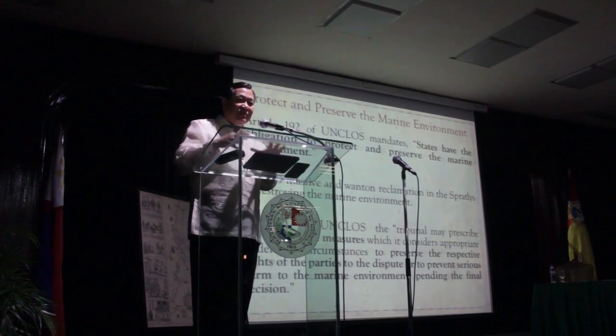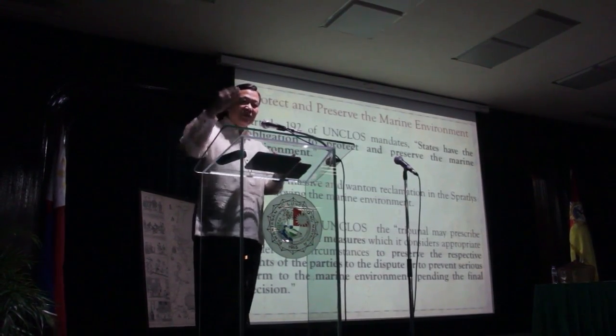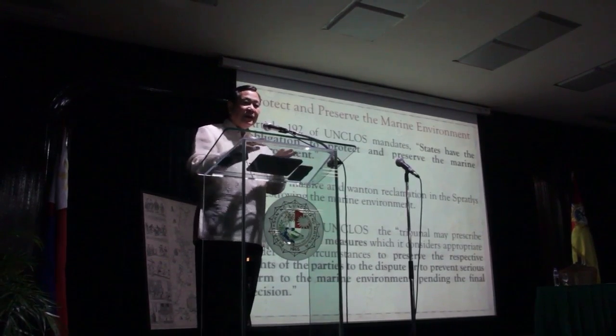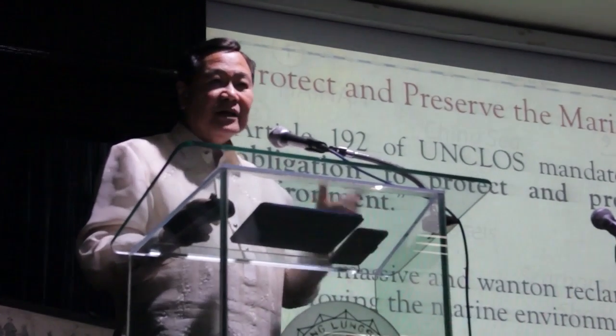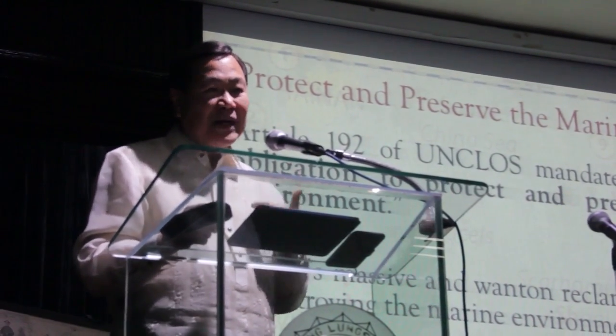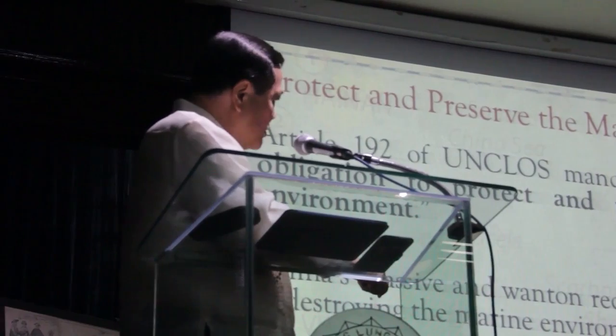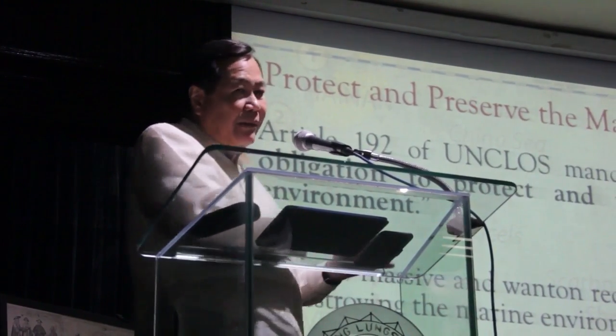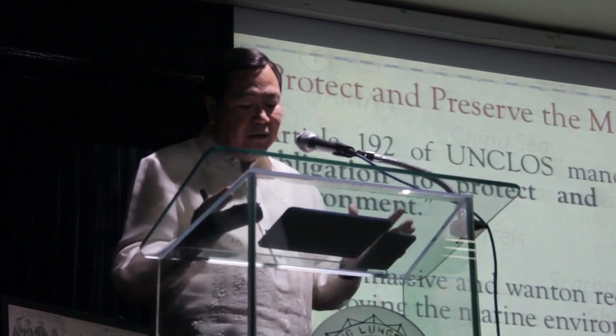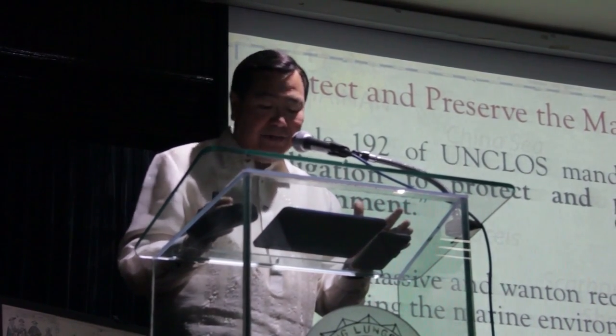They are suppressing the evidence because we want to prove to the tribunal that these are low tide elevations, but China covered them permanently with sand. So that's in prejudice of our rights. And also, nobody will dispute this, that the reclamations are causing serious harm to the marine environment.